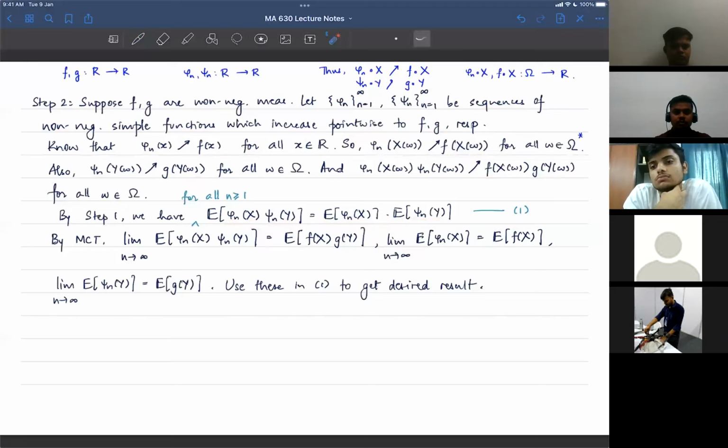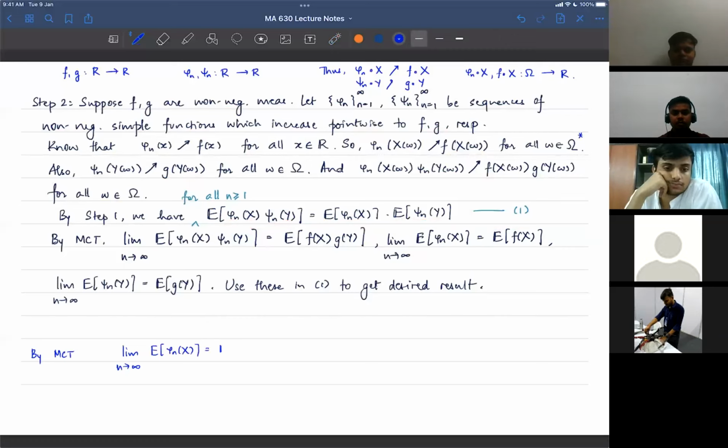All right. So also, what do you have by monotone convergence theorem? By monotone convergence theorem, you have the limit as n goes to infinity of expectation of phi_n(X) equals expectation of f(X). Why is this true?